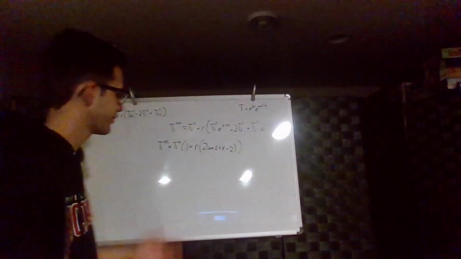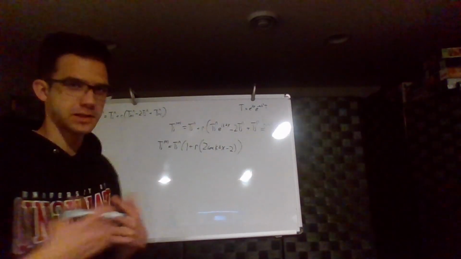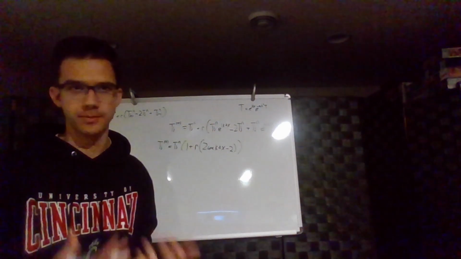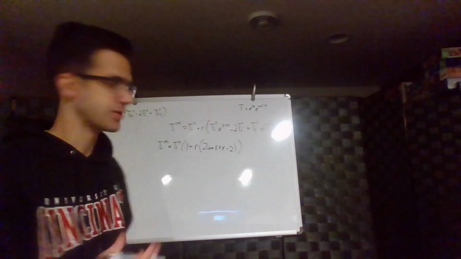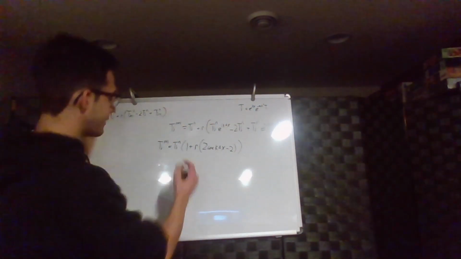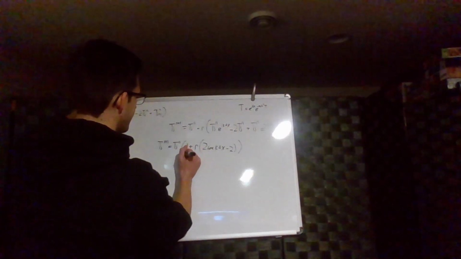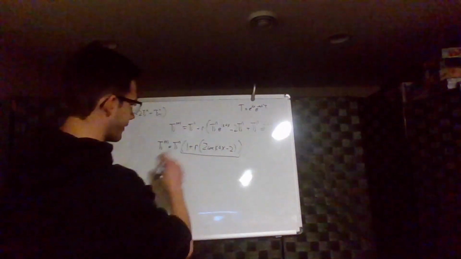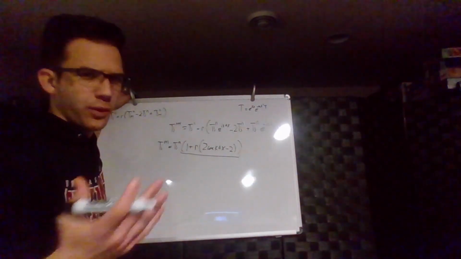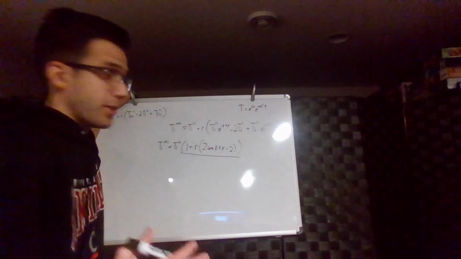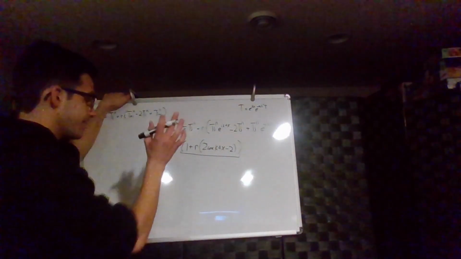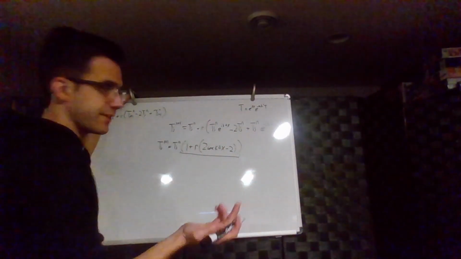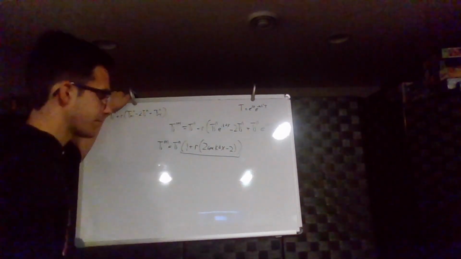In our pursuit of figuring out what the bounds of r can be in order to have stability in our plots, what we notice is that if this part of the equation here is not somehow a fraction between 1 and negative 1, then this will go to infinity, because our Tj to the n plus 1 will become our new Tj to the n every time we iterate this equation.